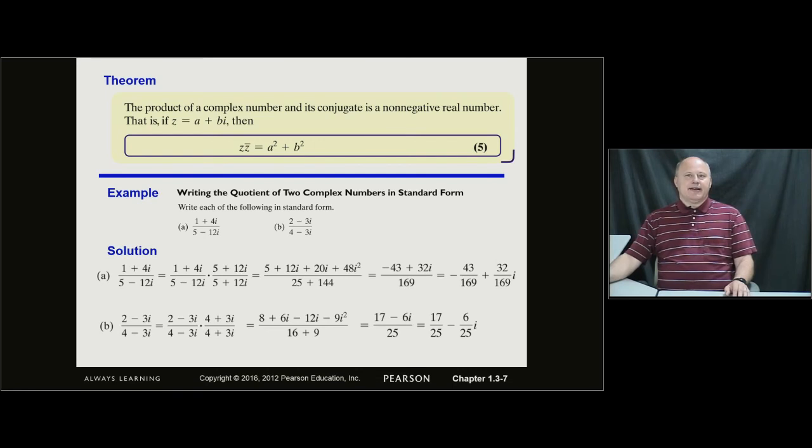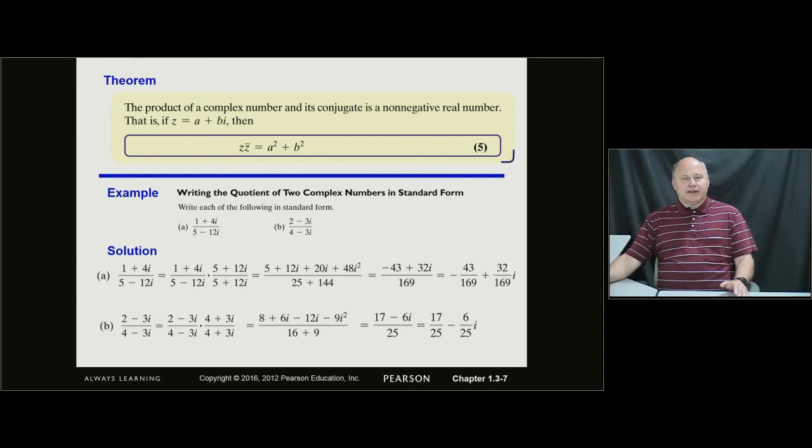And then you get to separate it into two parts because we want to put it in standard form. So, why do we always put it in standard form? Why don't we just leave it like 17 minus 6i over 25? I get that question quite a bit. Because it's not standard form, okay? What do you mean by standard form? Well, the real part and the imaginary part have to be separated. So they cannot be connected.